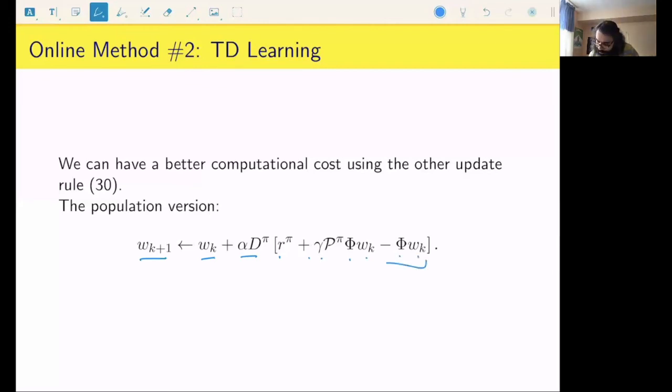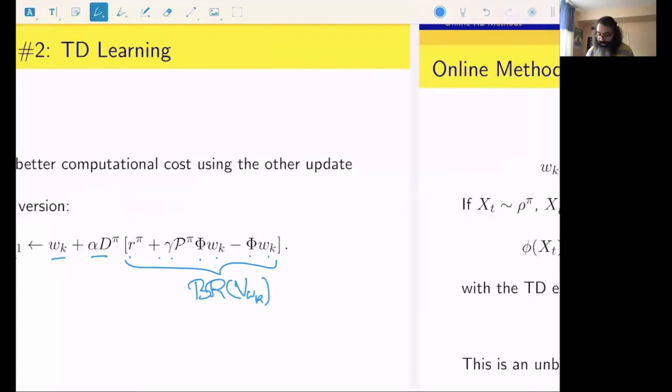So this was essentially the Bellman residual of a value function which is using linear function approximation. We have a Bellman residual, we multiply it by D^pi, and that would be our update.